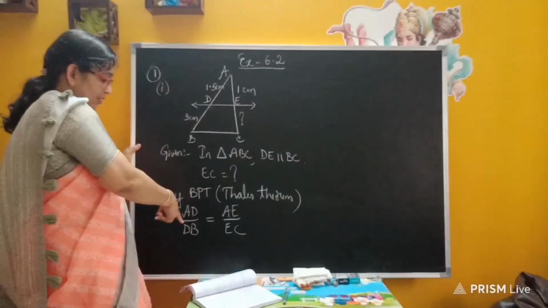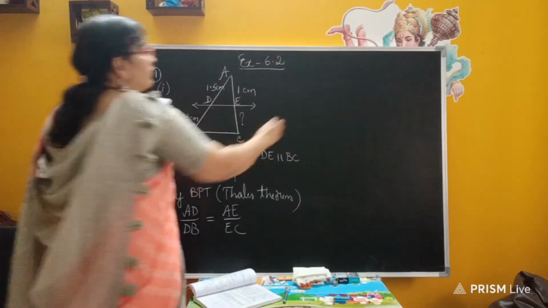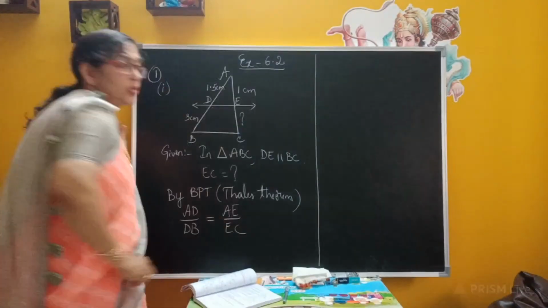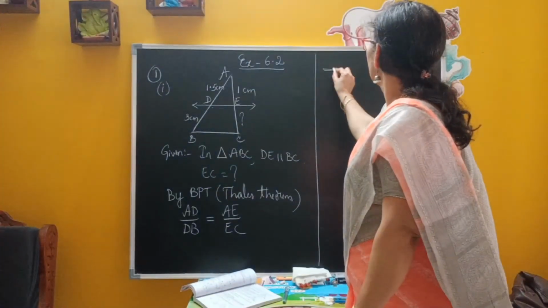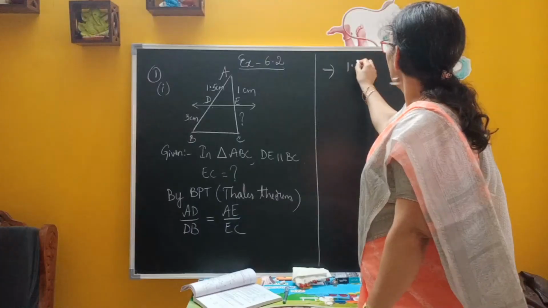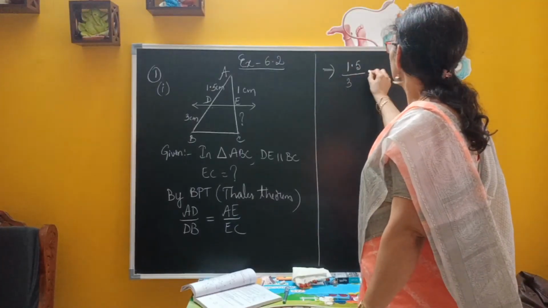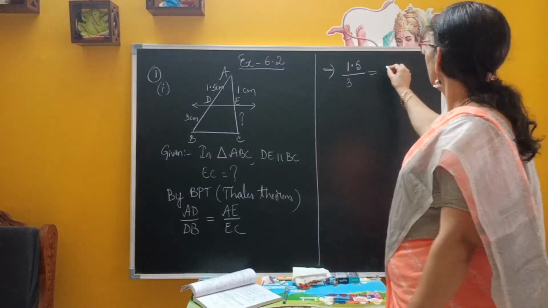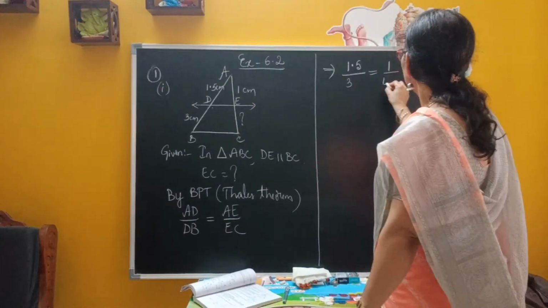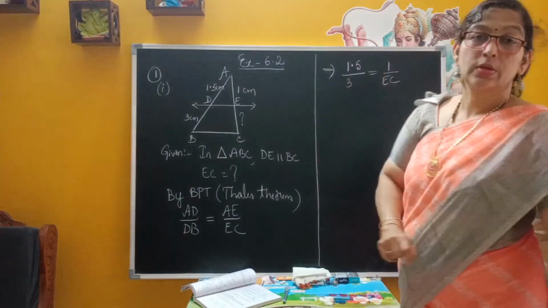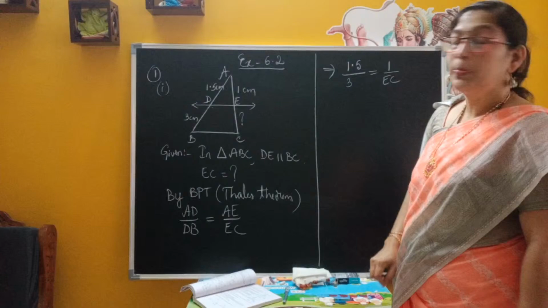All these measures are given. Let us substitute. In place of AD we write 1.5 centimeter. This implies 1.5 by 3.0 is equal to 1 centimeter by EC, let us take EC as x or just write EC. You know how to solve this by cross multiplication.